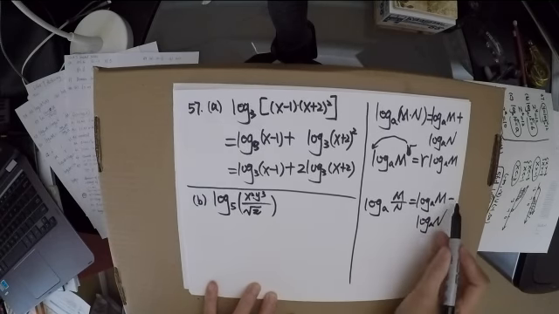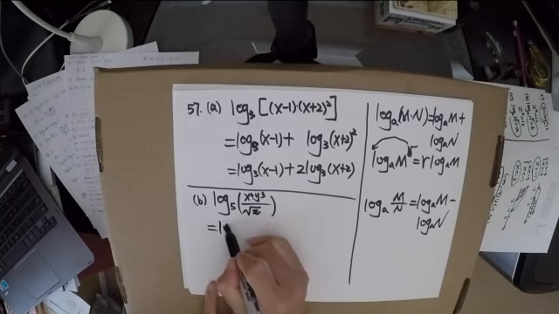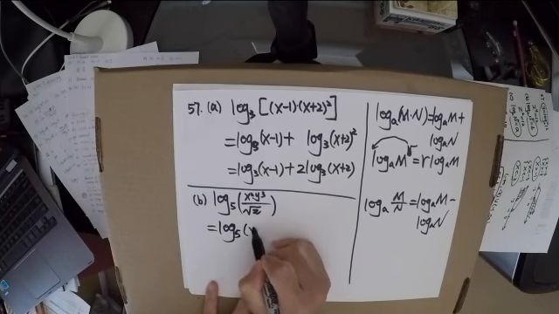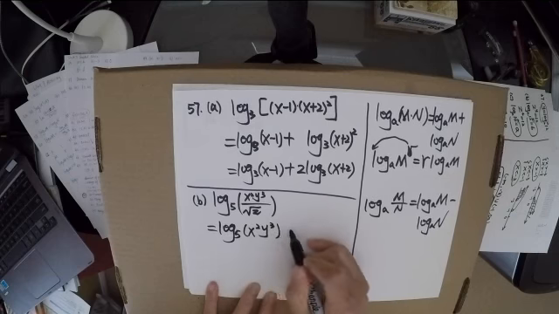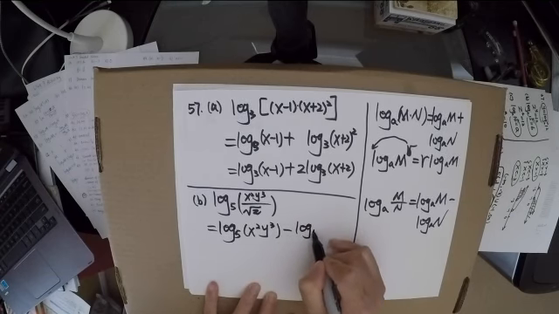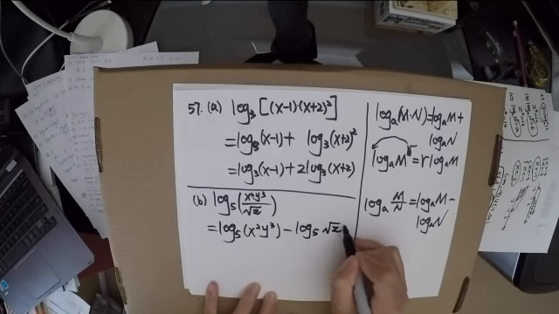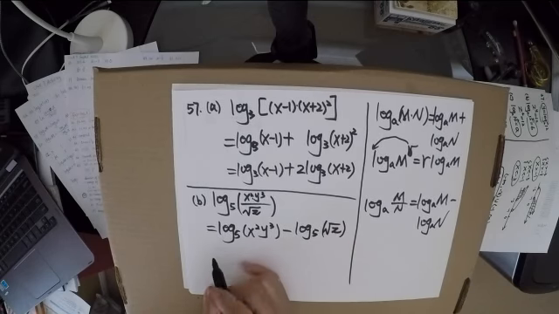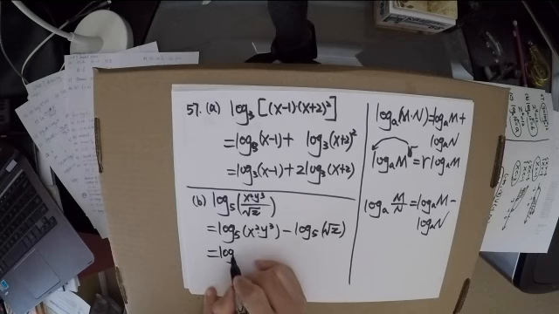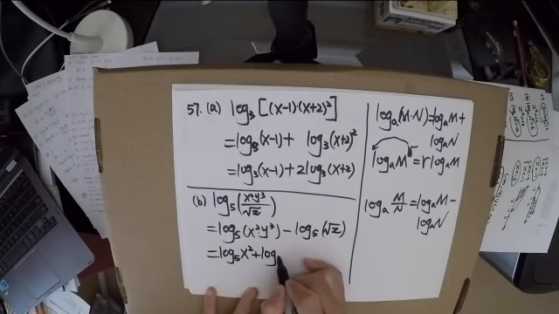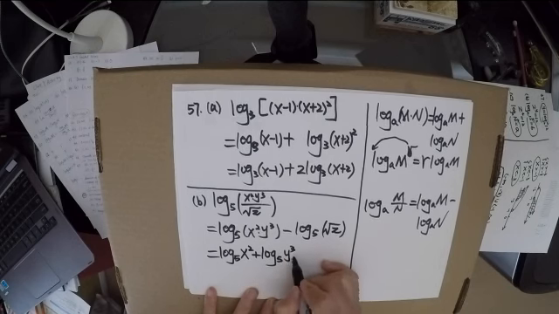Division becomes subtraction. So overall this becomes log base 5 of x squared y cubed, subtract log base 5 of the square root of z. Now we have multiplication here, so it converts to addition: log base 5 of x squared plus log base 5 of y cubed.